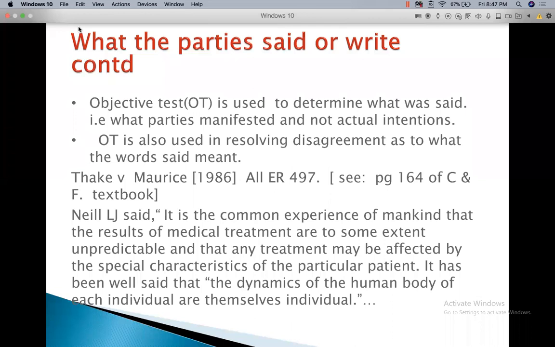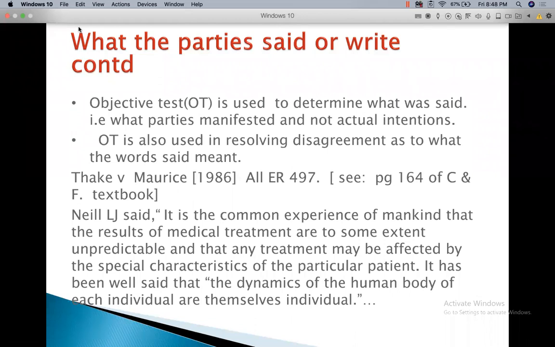But in Take and Morris, this couple went to a private clinic and said that they wanted the doctor to carry out a procedure on them so that pregnancy would not be possible. So that was the deal, that yes, we want a procedure so that we don't get pregnant.